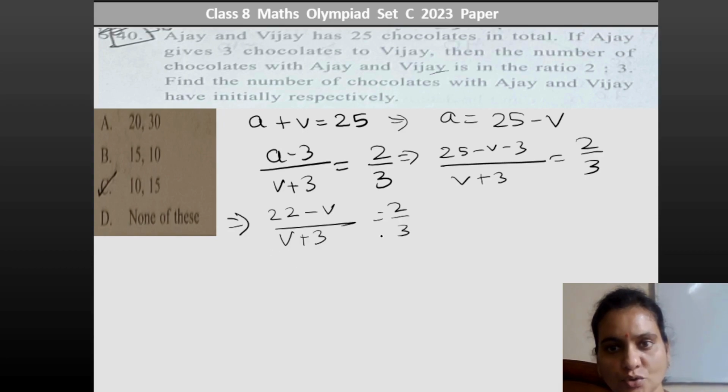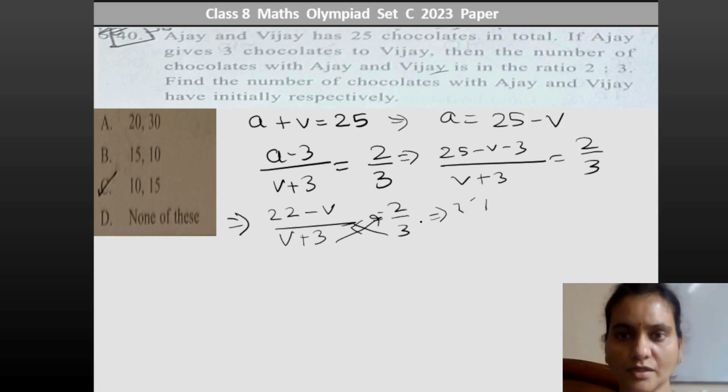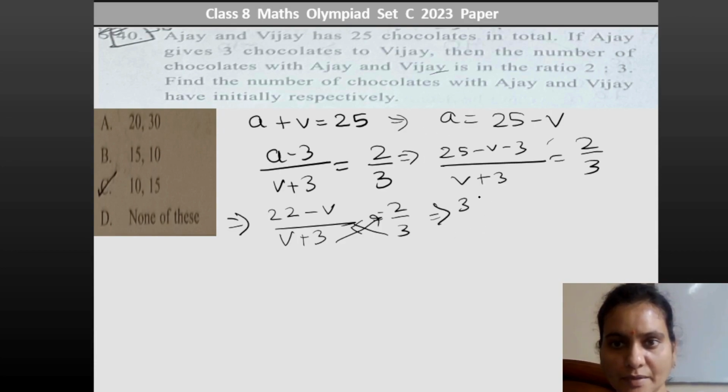Now we will just do cross multiplication here. 3 will multiply with 22 minus V and V plus 3 will multiply with 2. So 3 into 22 minus V will be like this, and 2 into V plus 3 will be on the right hand side.